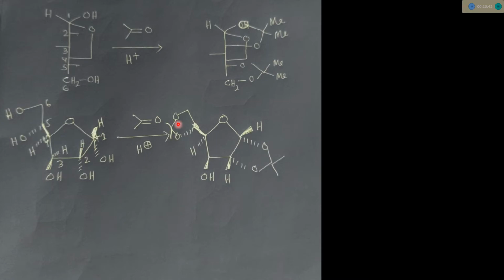So let's see. So in presence of excess acetone, D glucose reacts via alpha D glucofuranose form to form this bis ketal. Since there are two ketal functionalities, that's why it's called bis ketal.